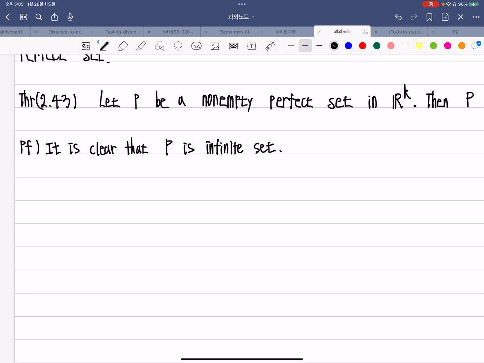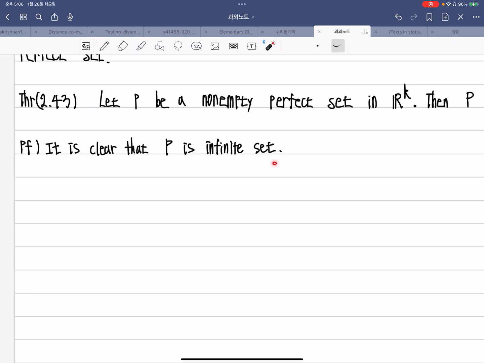Be careful that P is not the reason of this infinite set. Sorry. Okay.